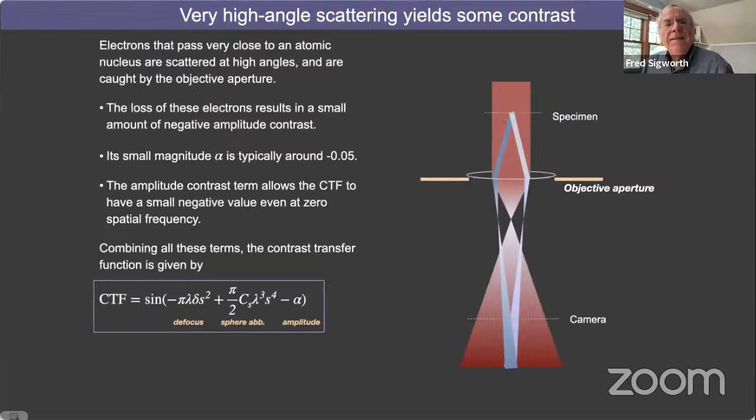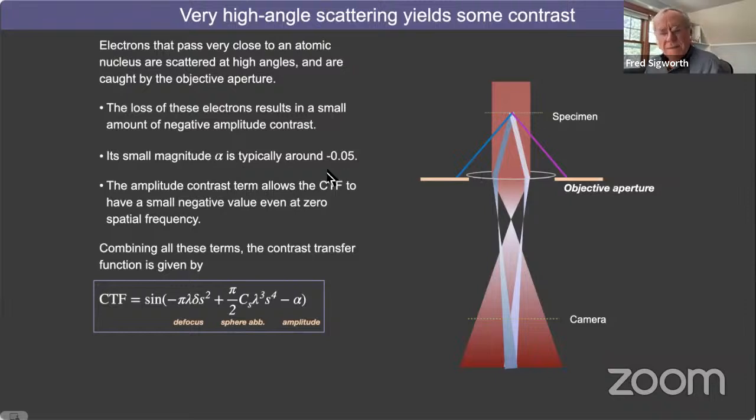The other thing is that now and then an electron passes really, really close to an atomic nucleus, and it gets scattered through a really high angle. And if you are using an objective aperture, those electrons get lost. And so we get a little bit of negative contrast from high angle scattering.